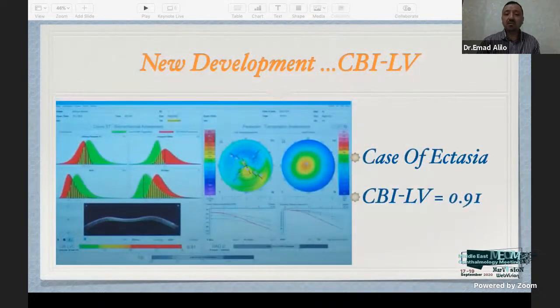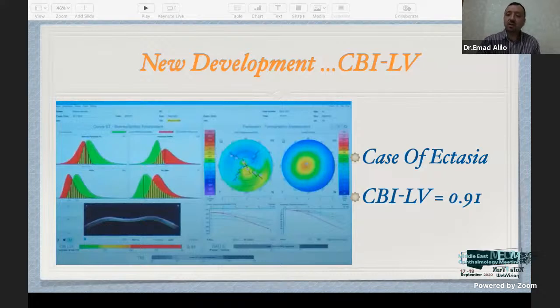On the other hand, you can see this case where the CPI-LV is high, and this is an ectasia case. If you notice in this new software, when you add that this cornea has had a previous refractive surgery, the BAD-D and the TBI become gray, because in this case these are not validated anymore.